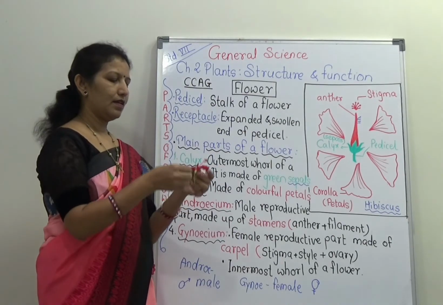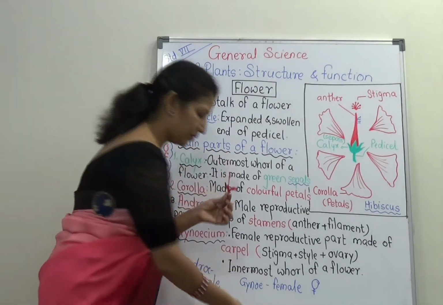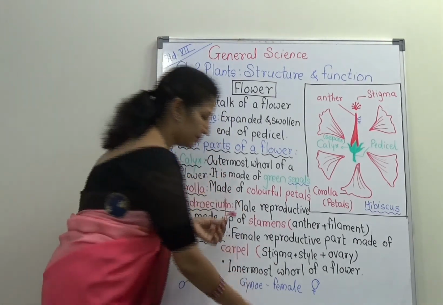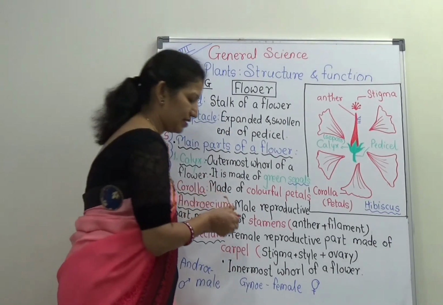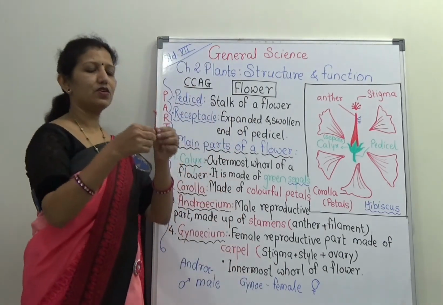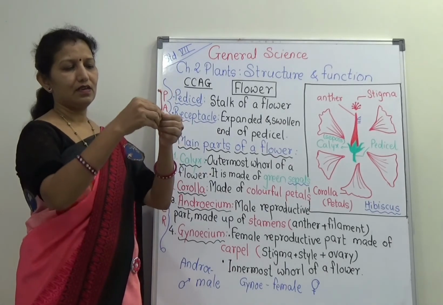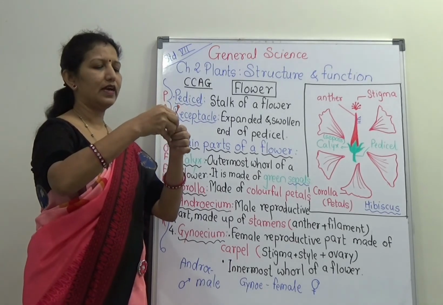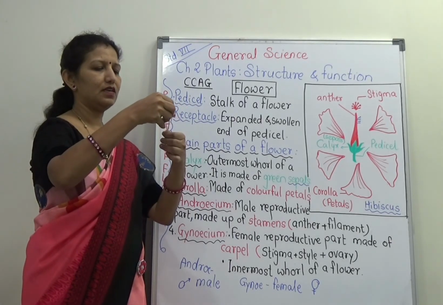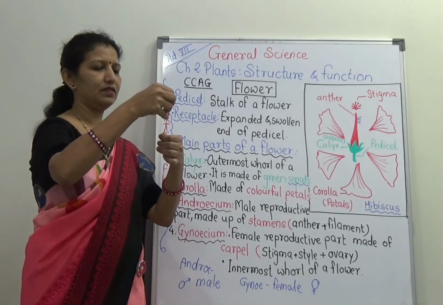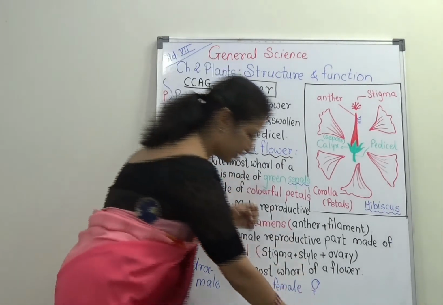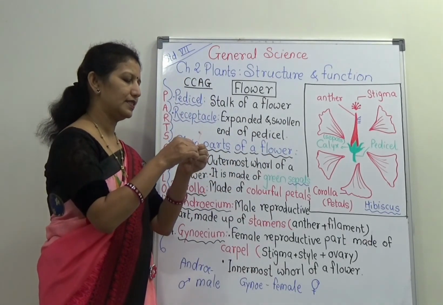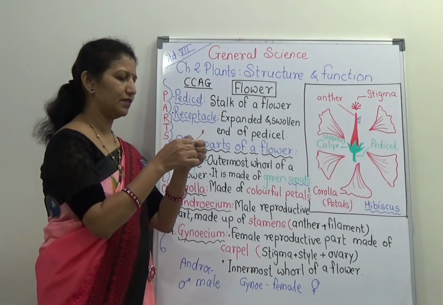Then corolla, then androecium, and then gynoecium. So if I remove the androecium, there will be gynoecium. See, be careful while removing this androecium. Slowly you have to, it is sticky one, that's why you have to be careful.